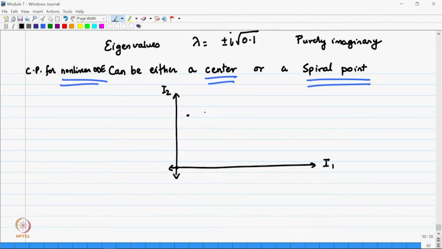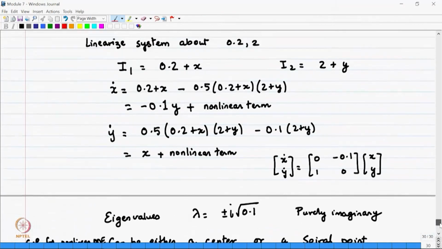So if it is a stable point, then the trajectories will look like this, around this. Or if it is an unstable point, if it is a spiral point, then your trajectories will go spiraling towards this. Okay. So we'll just show what happens if it looks like a center.